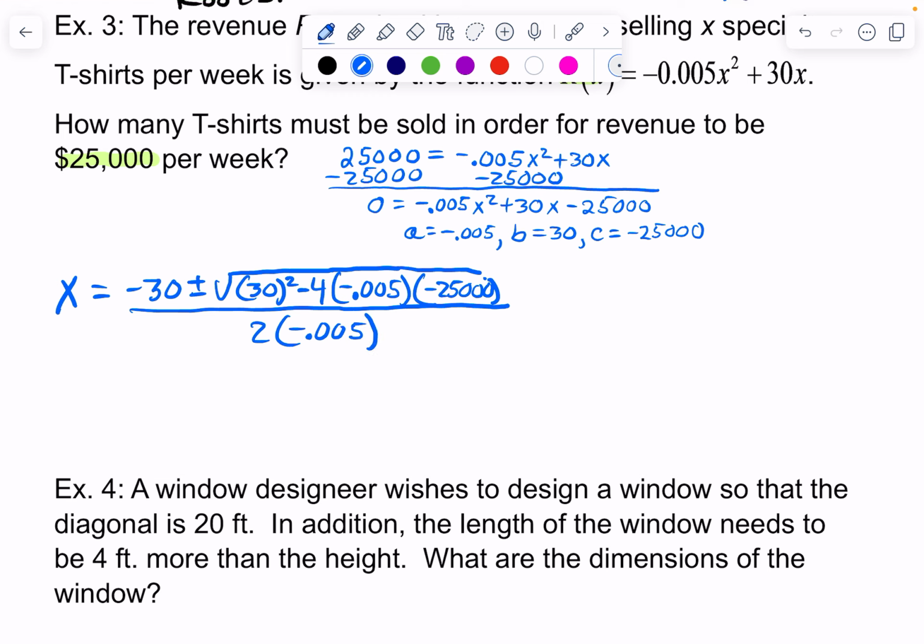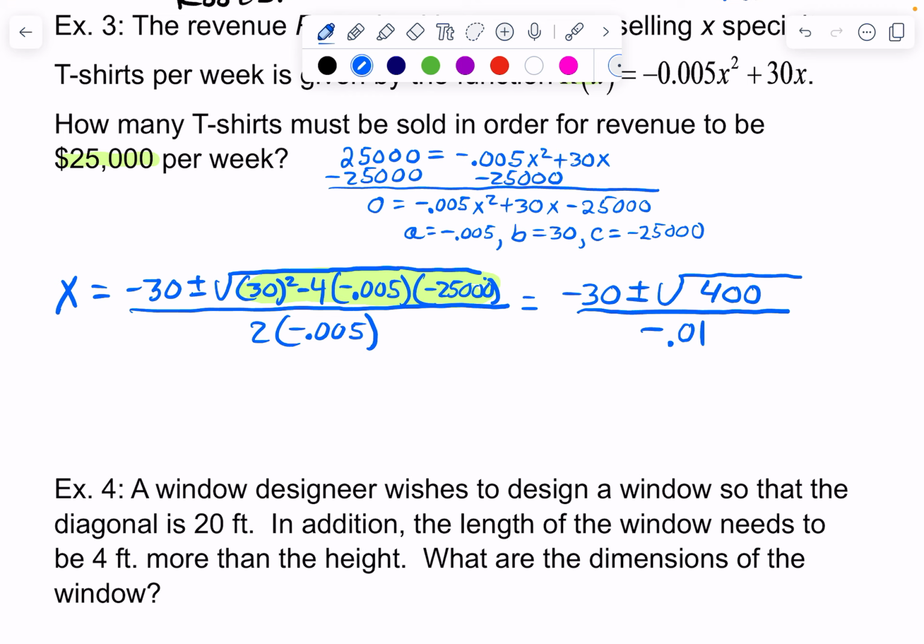So when we use our trusty calculator, we're going to see that x equals negative 30 plus or minus, when you go ahead and calculate the radicand, I promise, go ahead and use your calculator, you're going to get 400, over negative 0.01.